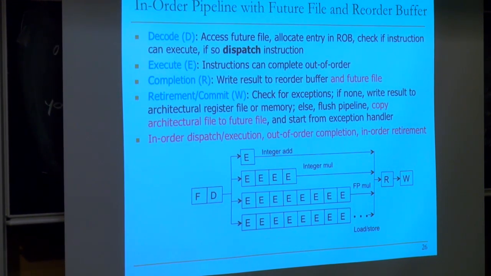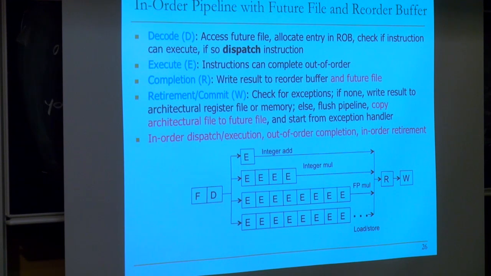OK. So this is the final design, in-order pipeline with future file and reorder buffer. When you decode an instruction, you access the future file. If the value is there, that's great. If the value is not valid, then you wait until the value is produced, or maybe the value comes from a bypass path. And the machine allocates an entry for that instruction in the reorder buffer.